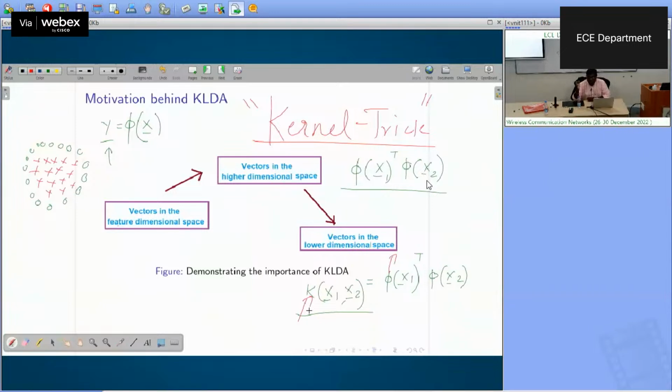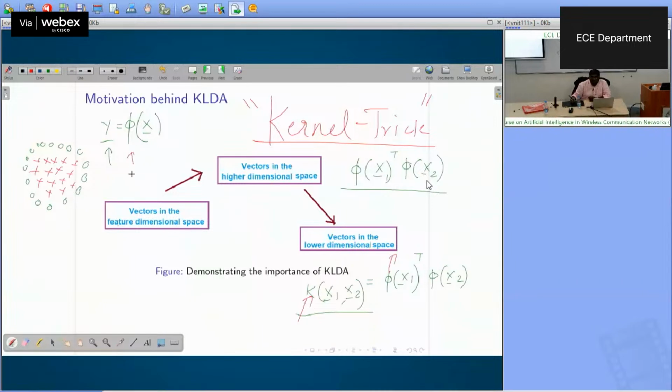That is the ultimate goal. We need to find this hyperplane that divides the classes into two parts, or multiple classes if we have them. Between the clusters, we need to find the hyperplane. For that, to map the vectors to the high dimension, I need a function called phi.